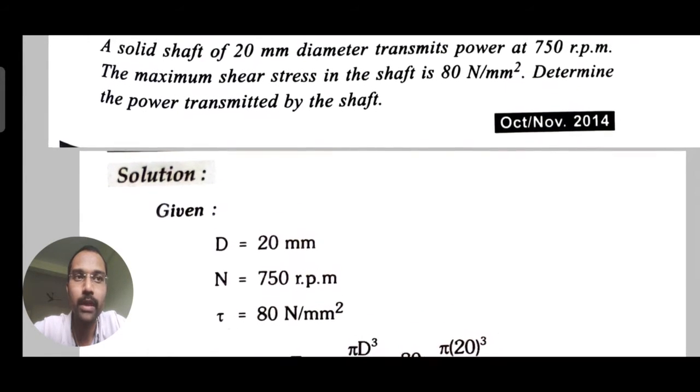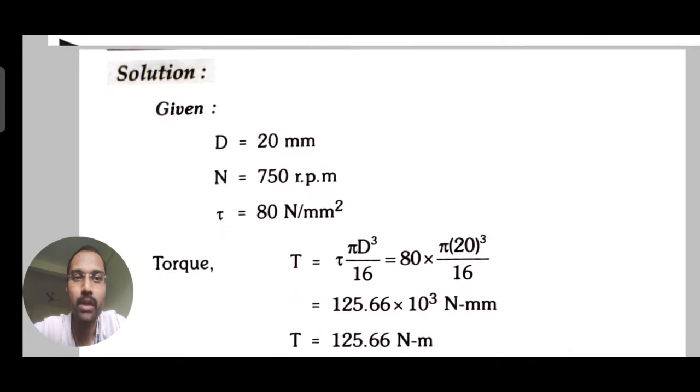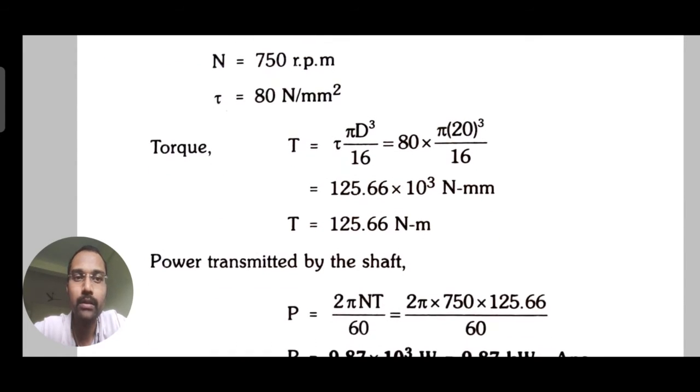D is the diameter of the shaft, N is the number of revolutions per minute, and tau is the shear stress. As from the formula, to calculate the power, that is 2 pi N T by 60.